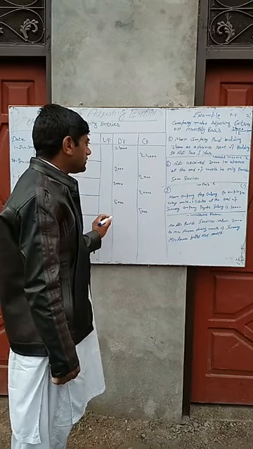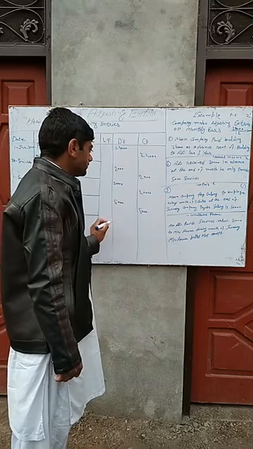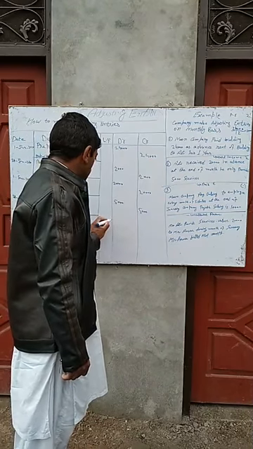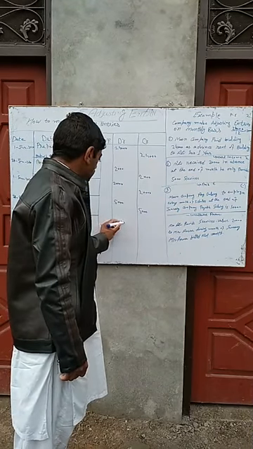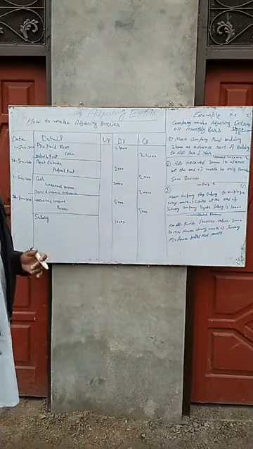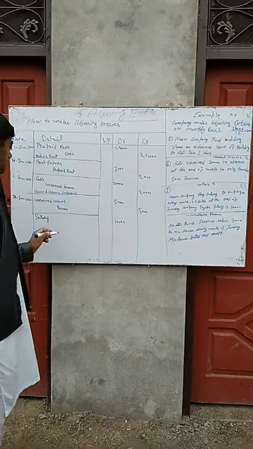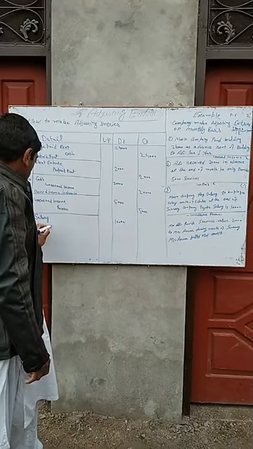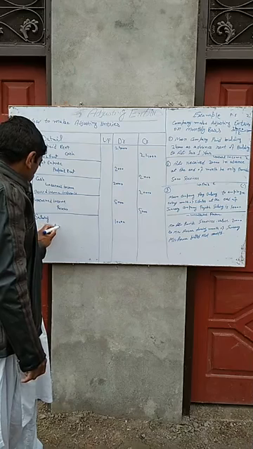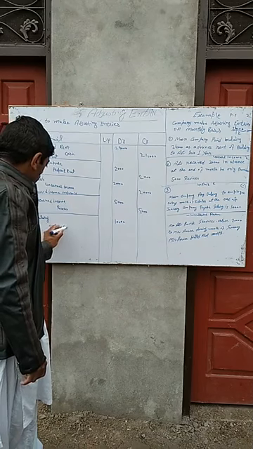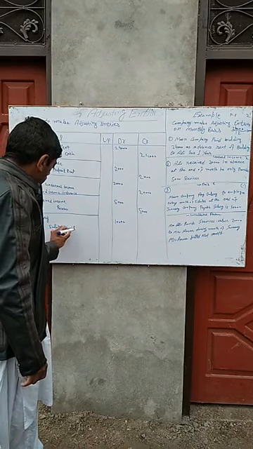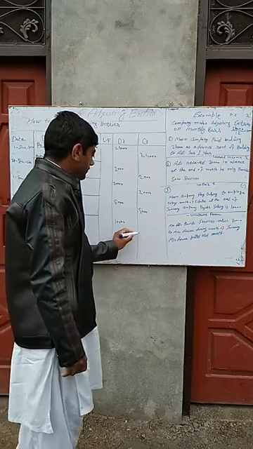Amount is 10,000. And salary payable, because payable is our liability, so it's correct. Salary payable is credit with an amount of 10,000.